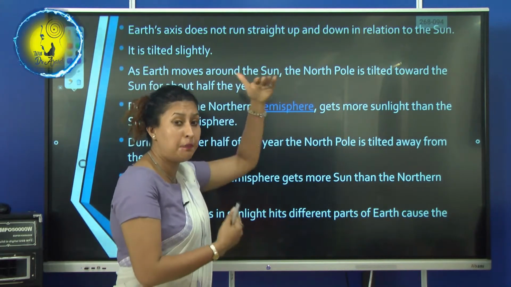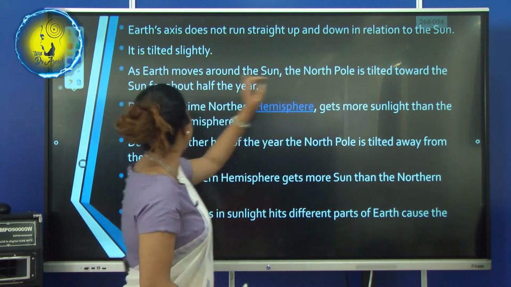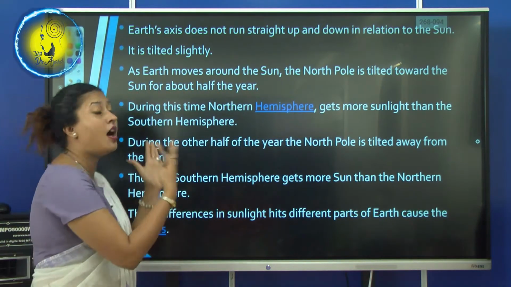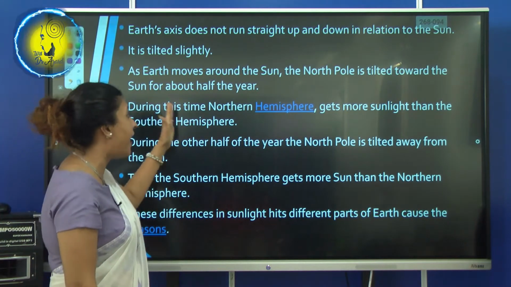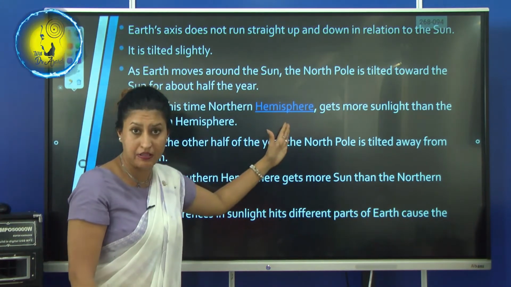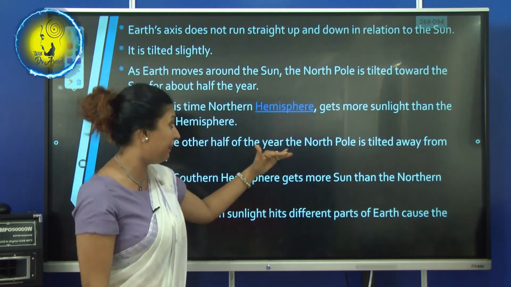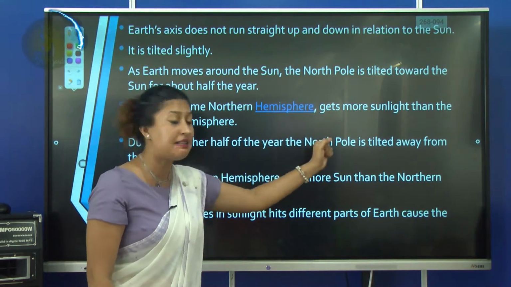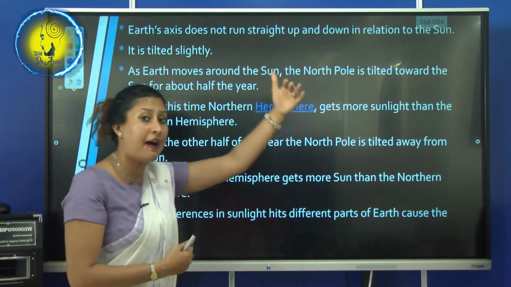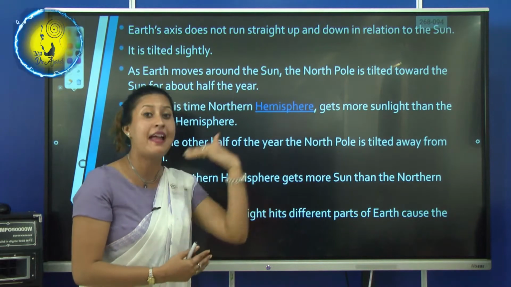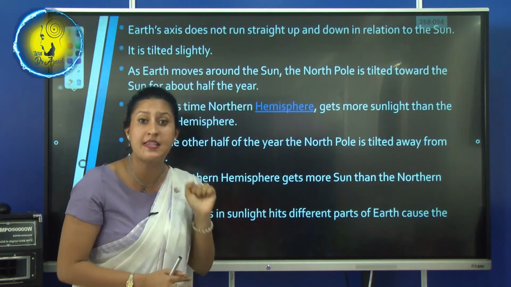So the northern part, the north pole, is tilted toward the sun for about half of the year. During this time, the northern hemisphere gets more sunlight than the southern hemisphere, which means the upper part gets more sunlight than the lower part. So the northern hemisphere gets more sunlight.